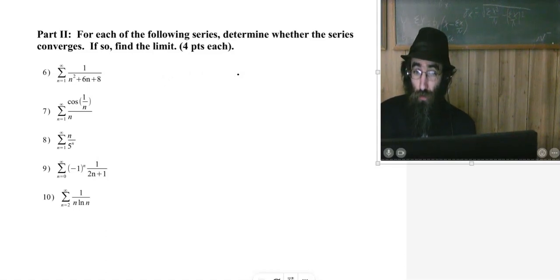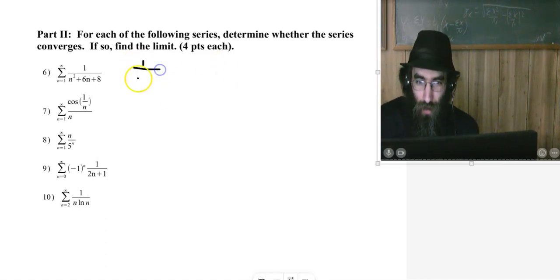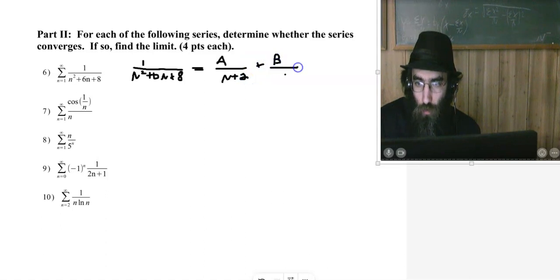I hope you like partial fraction decomposition. 1 over n squared plus 6n plus 8 equals we don't know over n plus 2, plus we don't know over n plus 4.